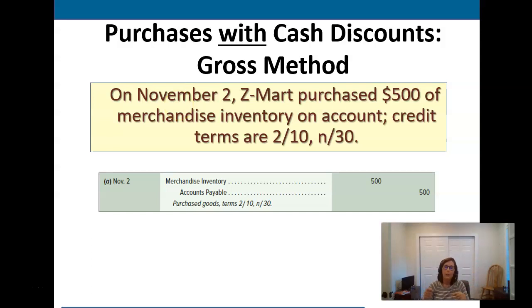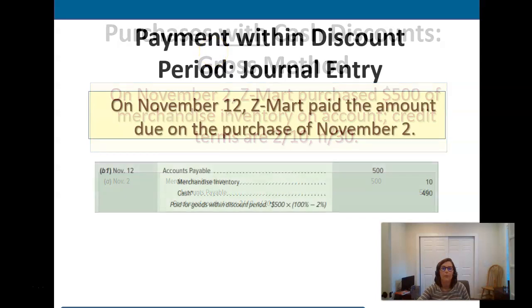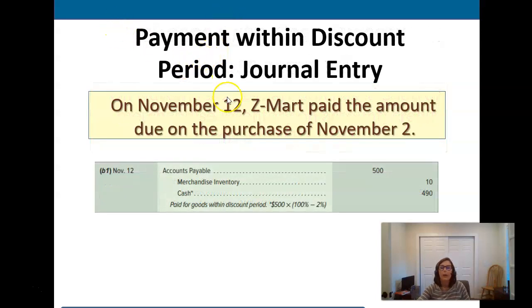Now this time, because it's on account, the credit goes to accounts payable. We, of course, want to take advantage of this 2% discount. So by the 12th of the month, we have decided we're going to pay this so that we can take advantage of that discount. And that means that we're only going to be sending them cash of $490.